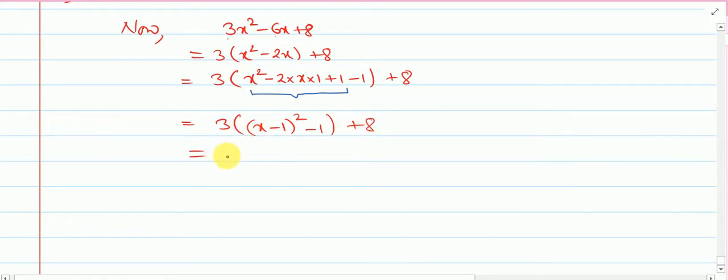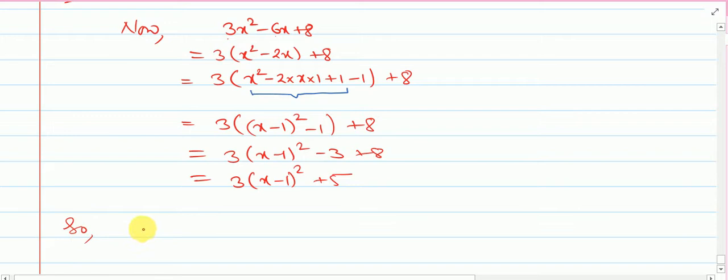Now open the bracket, you get 3 times x minus 1 whole square minus 3 plus 8, and you get 3 here and here plus 5. So we are getting 3x square minus 6x plus 8 is equal to 3 times x minus 1 whole square plus 5.